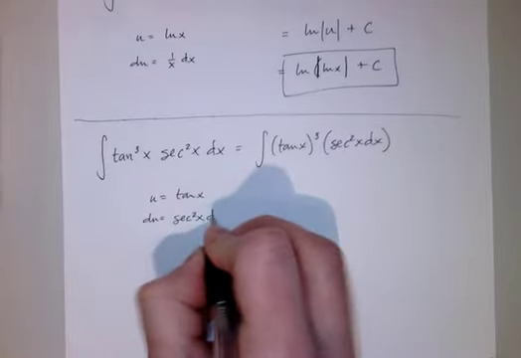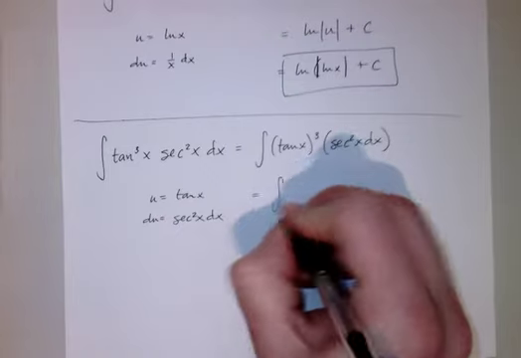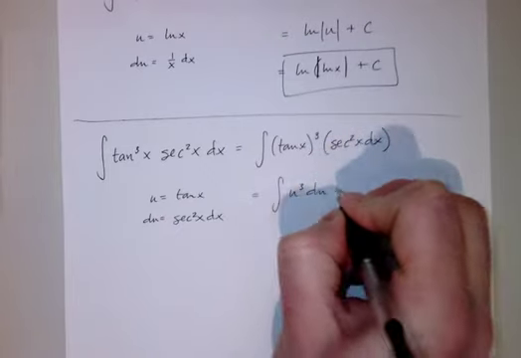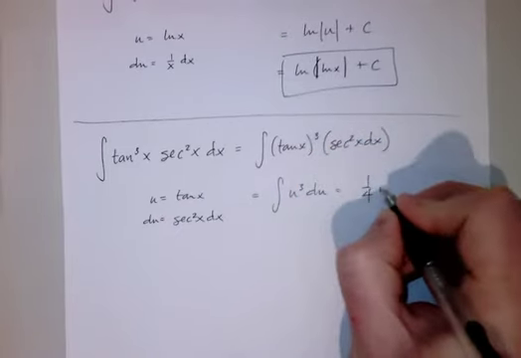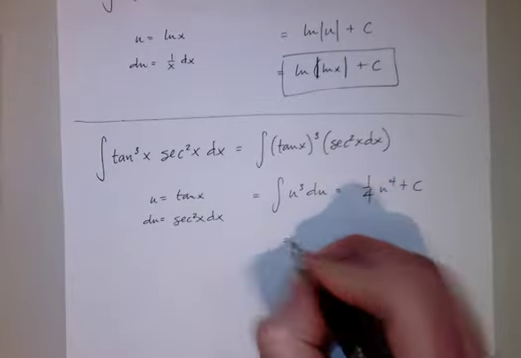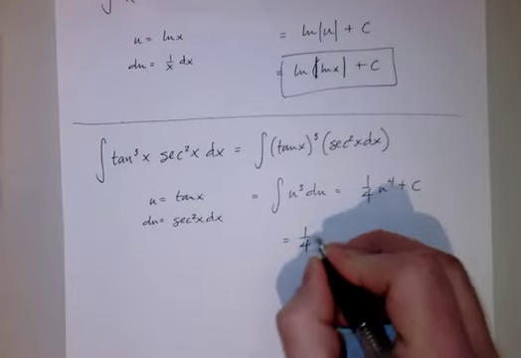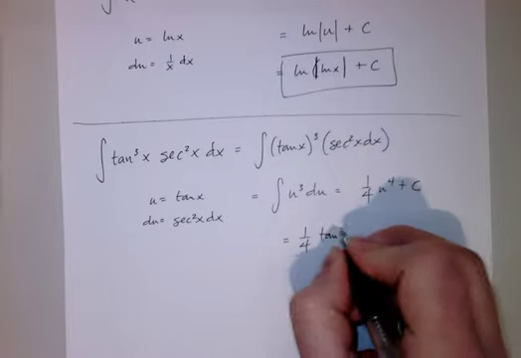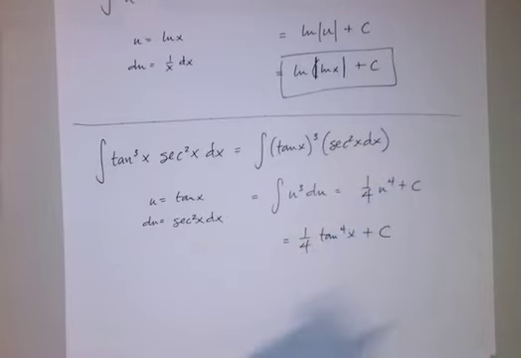Secant squared x dx, that winds up being u cubed du, or 1/4 u to the 4th plus c, which is of course 1/4 tangent to the 4th x plus c.